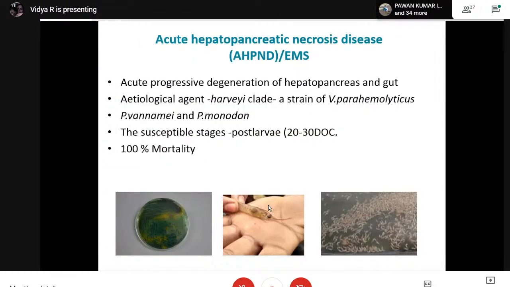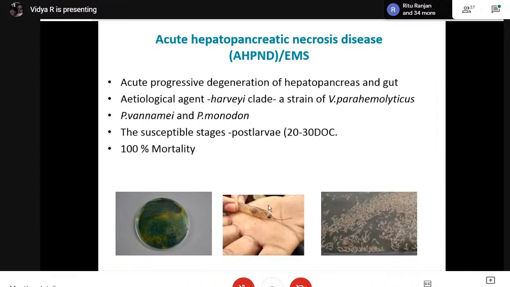The most important disease affecting the hepatopancreas and gut is acute hepatopancreatic necrosis disease, which is caused by a Vibrio called Vibrio parahaemolyticus, which has a plasmid containing toxins like PirA and PirB. These toxins come to this parahaemolyticus strain naturally or accidentally.